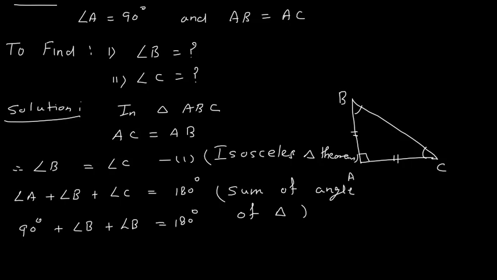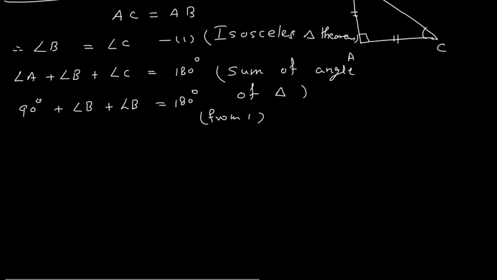Why can I write angle B? Because in 1 we have proved that angle B and angle C are equal. So here you get 2 times angle B is equal to 180 degrees minus 90 degrees, and 180 minus 90 is 90.